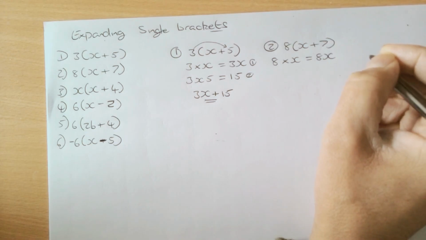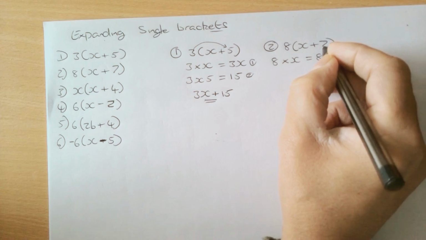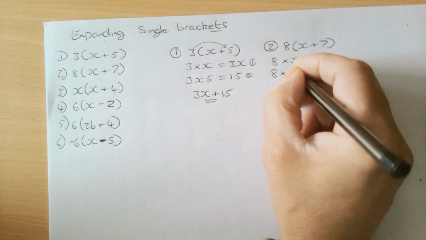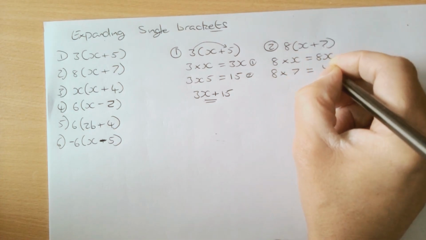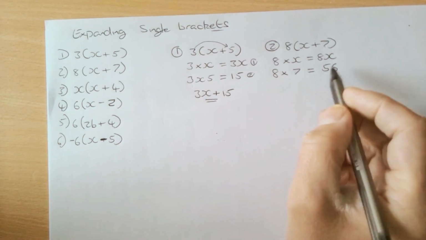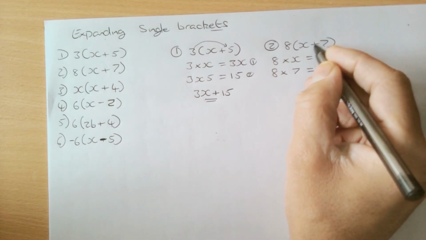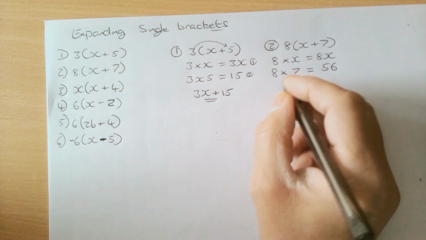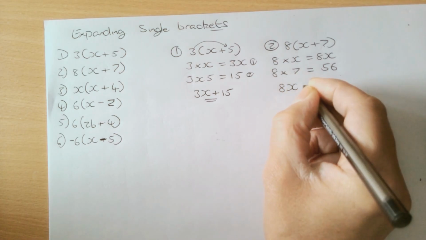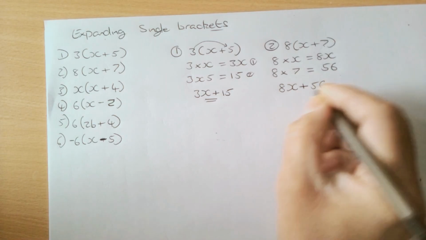Next step is 8 times 7, so 8 times 7 equals 56. Don't forget, we still have a plus sign up here, so it's going to be 8x plus 56 as our final answer.